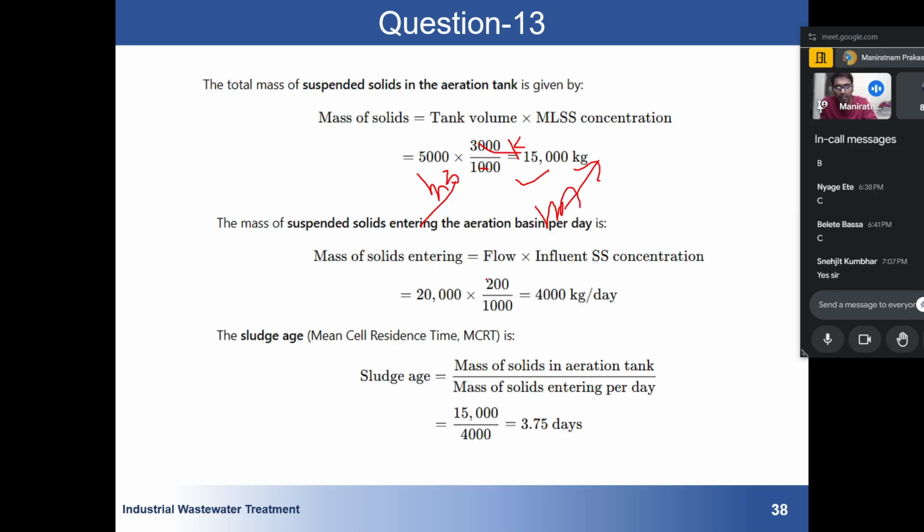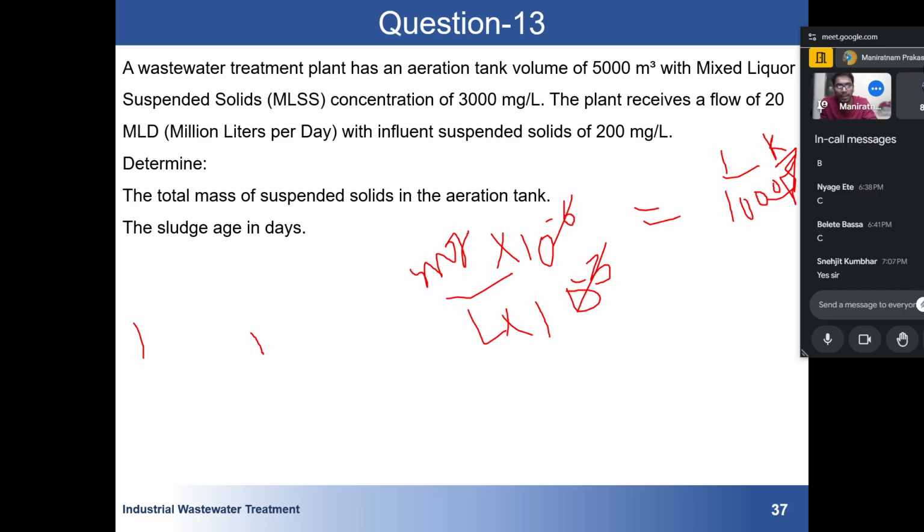We have to cancel out the unit, liter and liter, then convert million liters per day, that is 10 to the power 6 liters per day, and 20 is already multiplied, 20 into 10 to the power 6 liters per day into suspended solid of 20 milligram per liter.